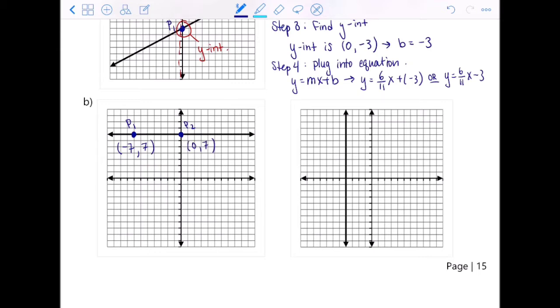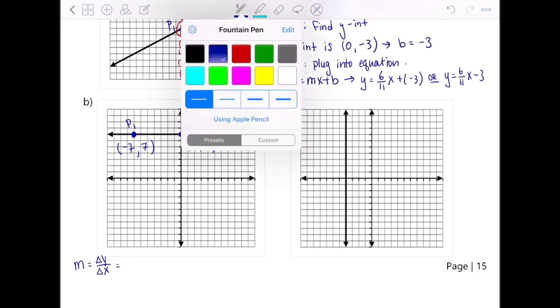And then the second step is to find the slope. What is the slope of a horizontal line? Slope, by definition, is change in y over change in x. But there's no change in y. It doesn't go up or down.